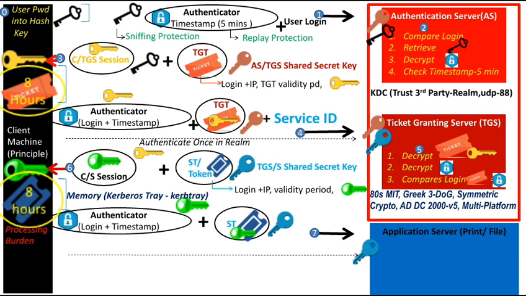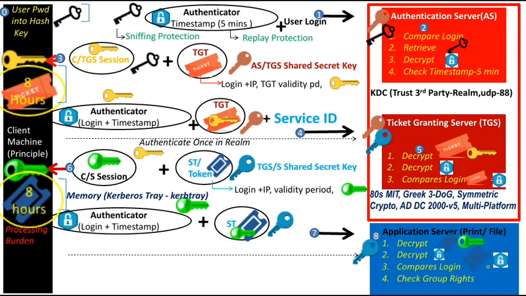Now the client, after decrypting the second session key and storing it into its memory, uses the second session key to encrypt another authenticator with login information and timestamp, along with the encrypted service ticket. So the client sends this authenticator encrypted with its second session key, and it also replays the service ticket in encrypted form since it has no mechanism to decrypt it.